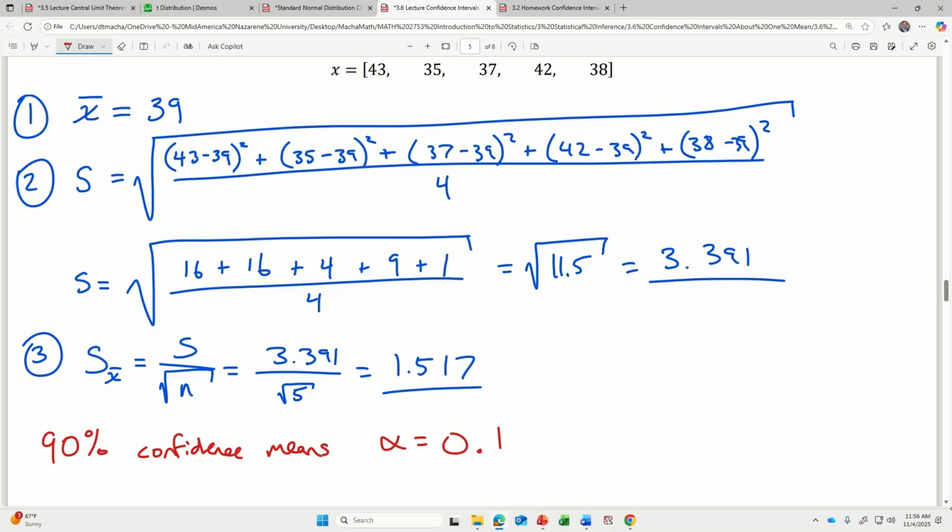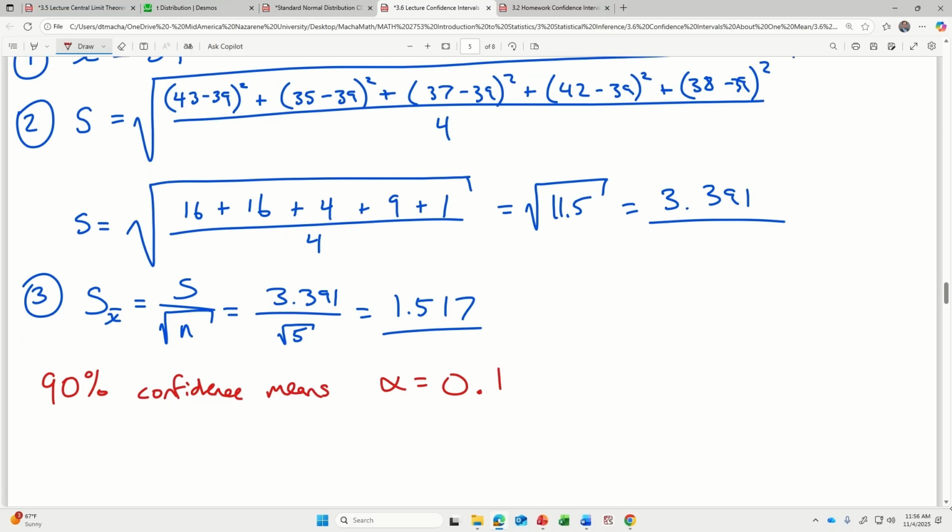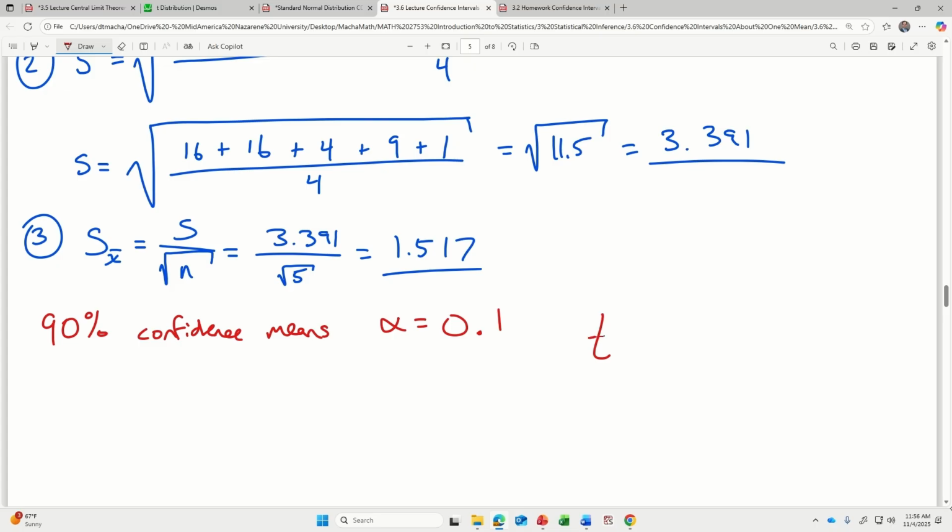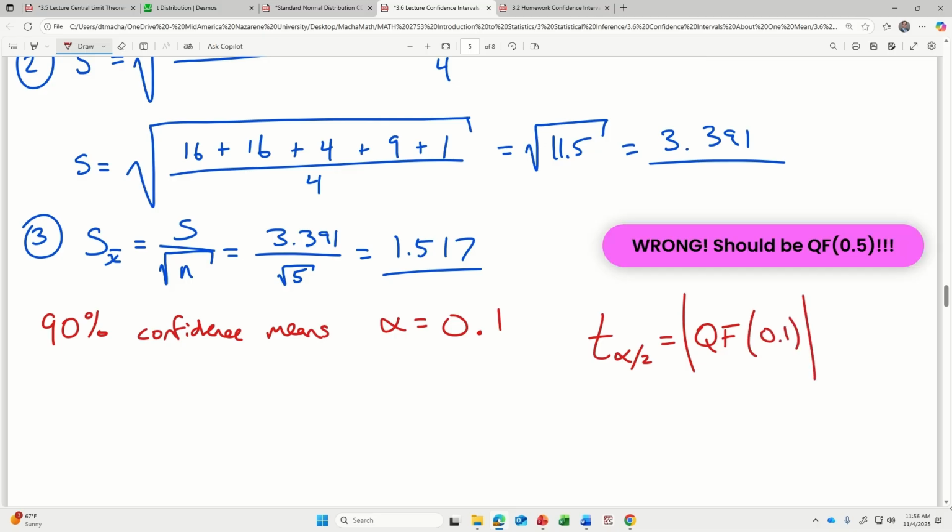And then my critical value, t alpha over 2, is going to be the quantile function, and then I'll take the absolute value and just plug in 0.1, right?